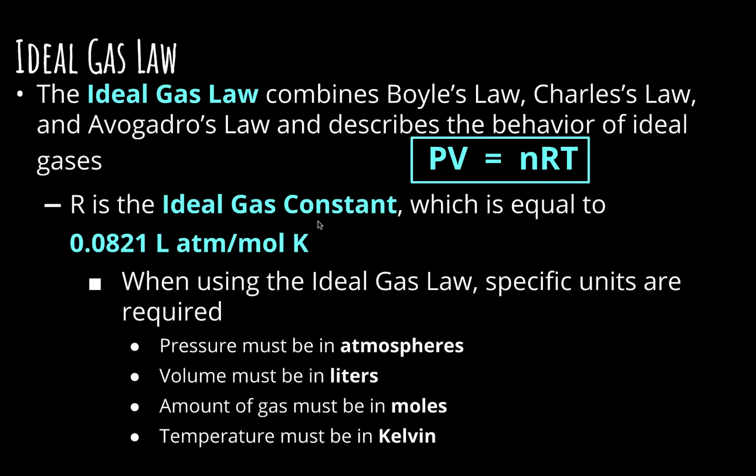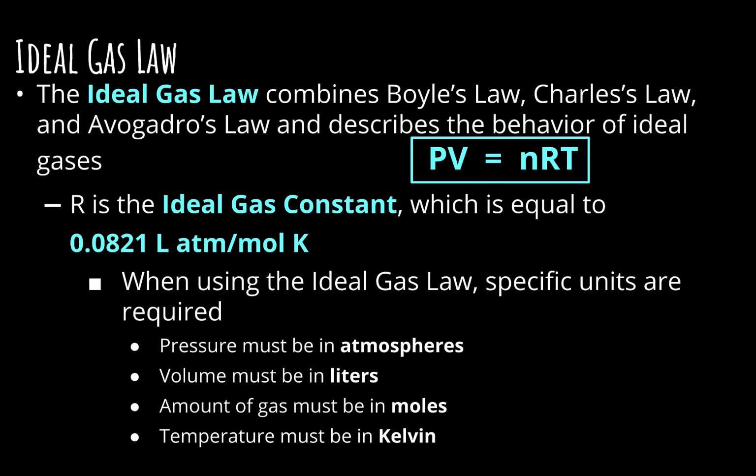So we are going to only deal with ideal gases. We're going to assume that all the gases that we talk about conform to that kinetic molecular theory. Because of that, we can use something called the ideal gas law. The ideal gas law combines Boyle's law, Charles' law, and Avogadro's law and helps describe the behavior of ideal gases. The formula that we use for ideal gases is PV equals nRT.